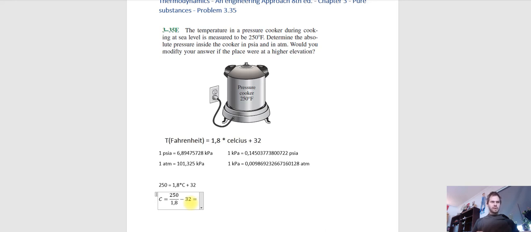Use the calculator. And we have 106.89 degrees Celsius. So that is right, and then we will find the absolute pressure.